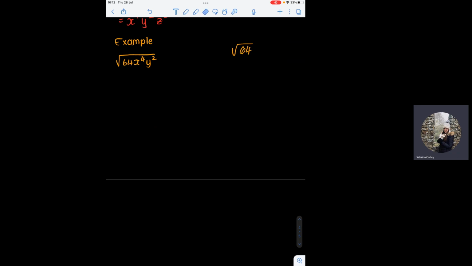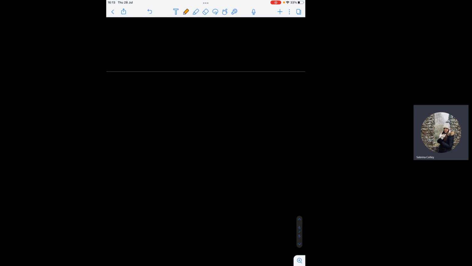The square root of 64 I know is 8. Then my exponents: x, 4 divided by 2, y, 2 divided by 2. So this will be 8x squared and y to the power of 1. Please make sure once you square root, that square root goes away, but you have to apply your laws.